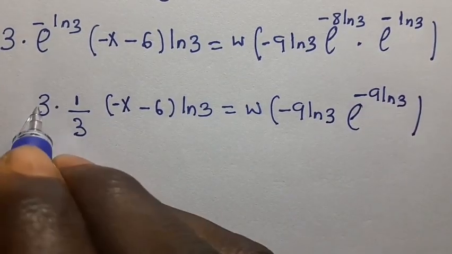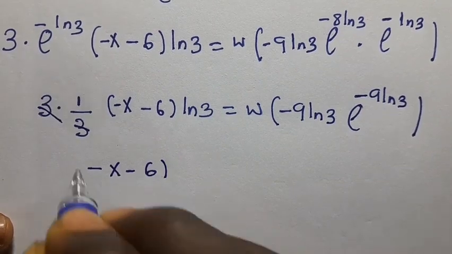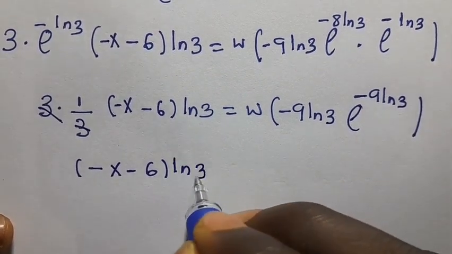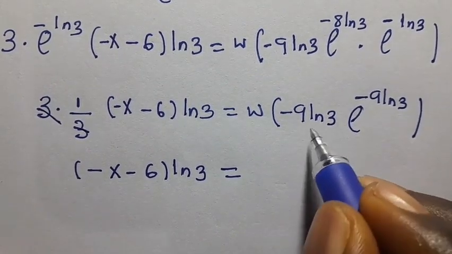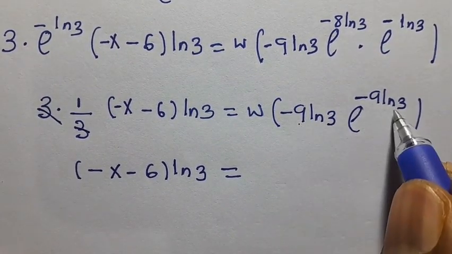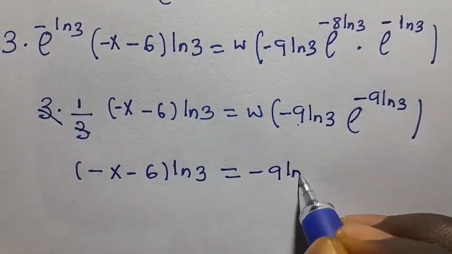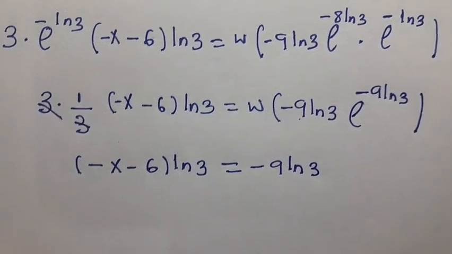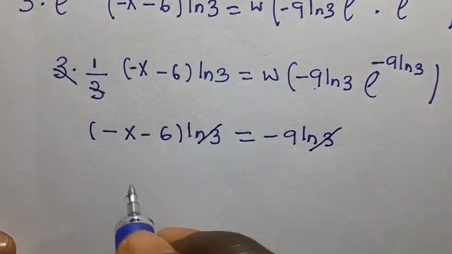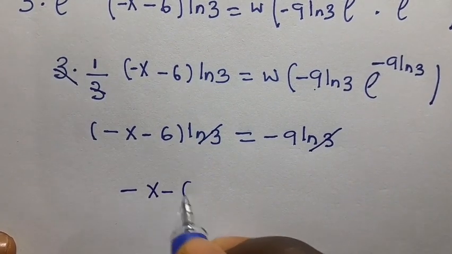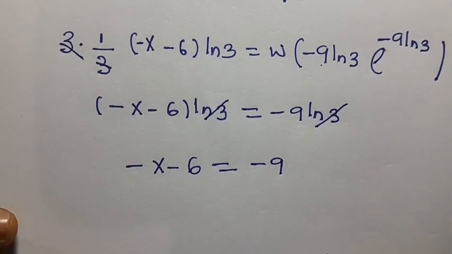So now this, we cancel this out. We have minus x minus 6 ln 3 to be equals. Now taking a look at this very well, they have the same base, the same power. So we can have this one to be minus 9 ln 3. And so therefore from here, we cancel this out. We can have minus x minus 6 to be equals minus 9.